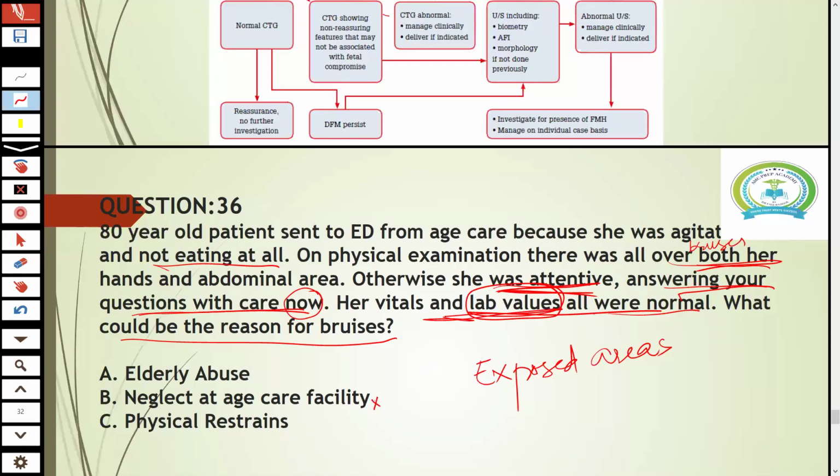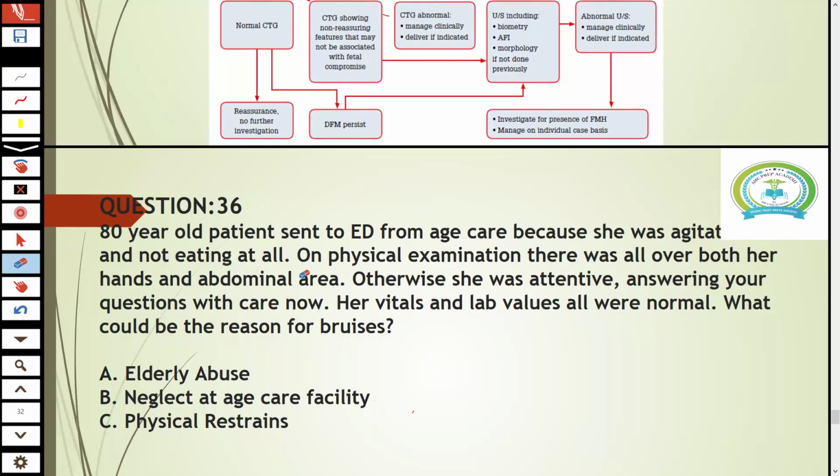So neglect is excluded, because if it were because of neglect, there would be certain nutritional deficiencies, vitamin deficiencies, electrolyte imbalances that would indicate that the patient was not taken care of properly, or the medications were not given properly. But labs are normal. I have told you, when you don't know the answer, just start with the exclusion method. So this is excluded because labs are normal.